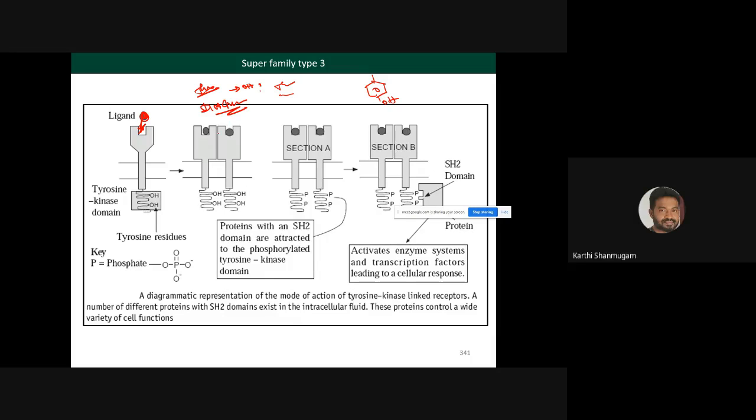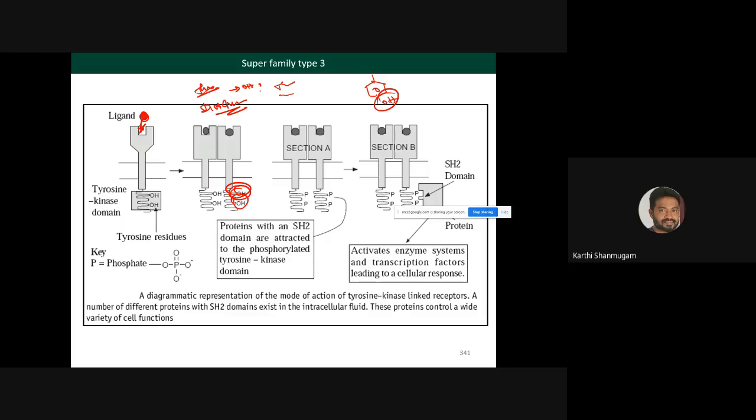So two monomer units are joined together because of the binding of the ligand molecule. Because of this dimerization, the OH side chain of the tyrosine is phosphorylated.